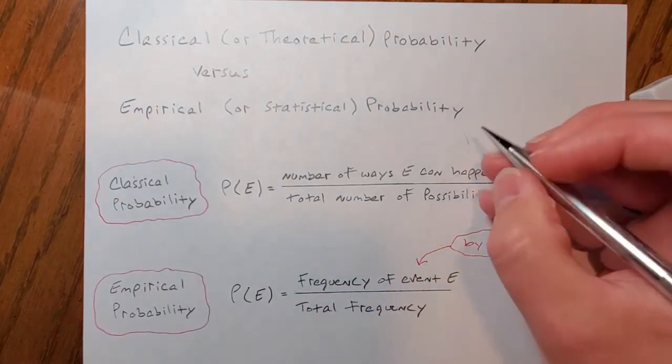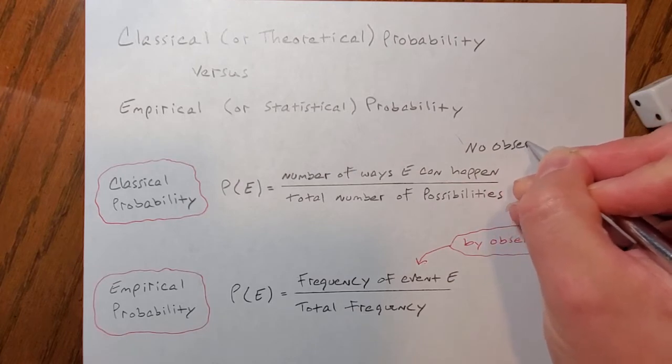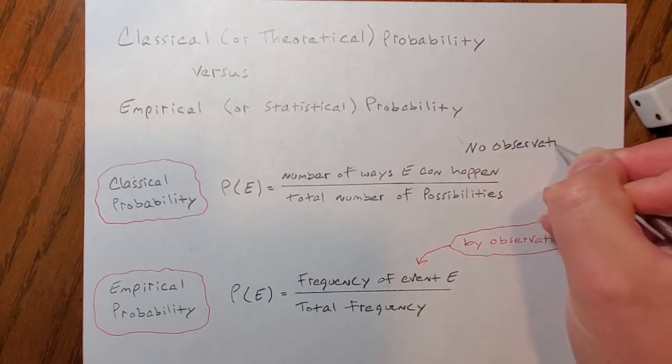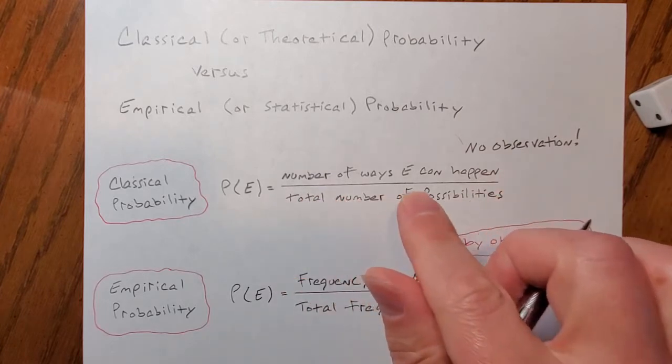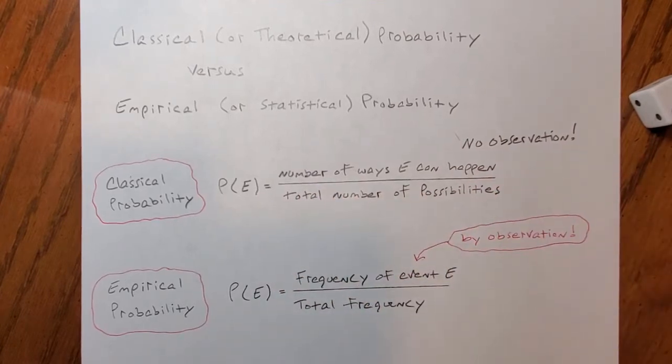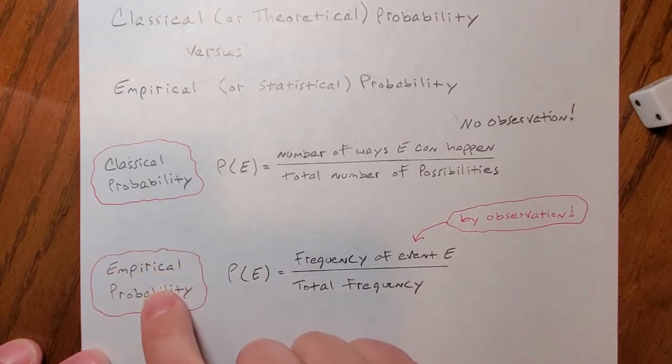Classical probability requires no observation at all. We don't actually roll the die to figure out how this could work out. If we're flipping a coin, we don't flip the coin and so on.